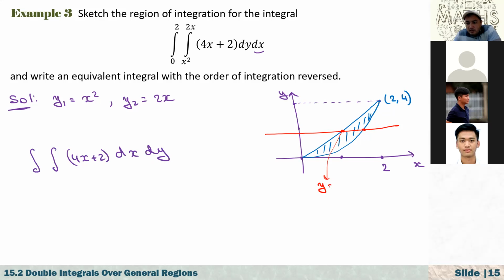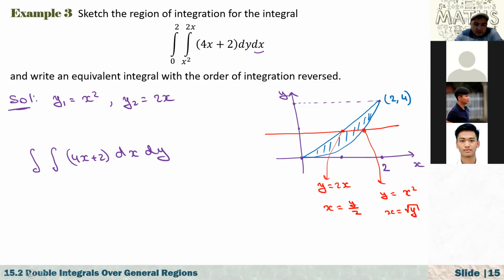So this entering part is our straight line, y equals 2x. From here, x is equal to y over 2. And how about the exiting part? This exiting part is y equals x squared. We know that y is positive. From here, x is equal to square root of y.